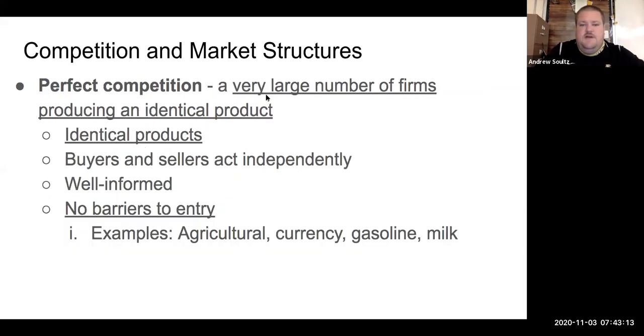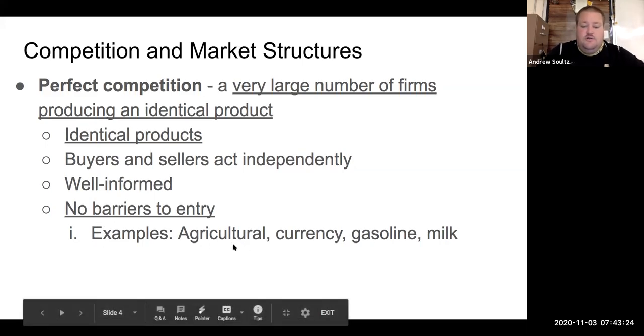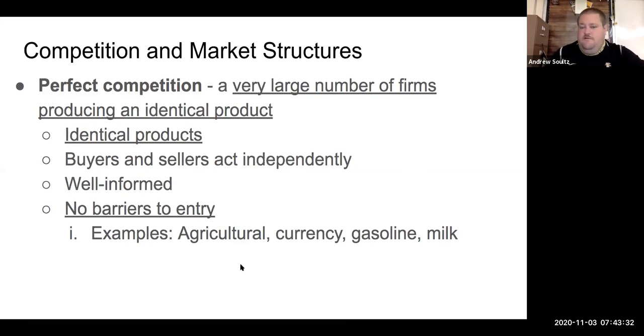The first one is perfect competition. This is where there's a very large number of small firms, and they're all producing an identical product. Some examples would be agricultural markets. A farmer grows a crop, and it's going to be identical or very similar to other farmers' crops.